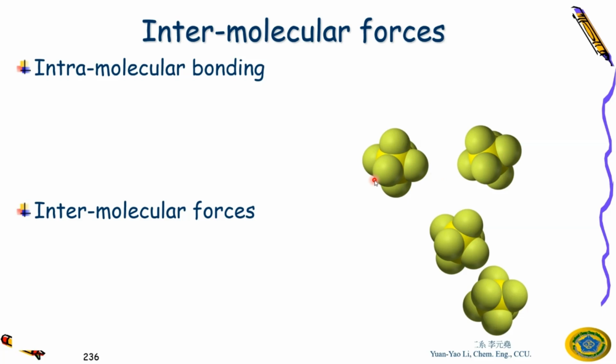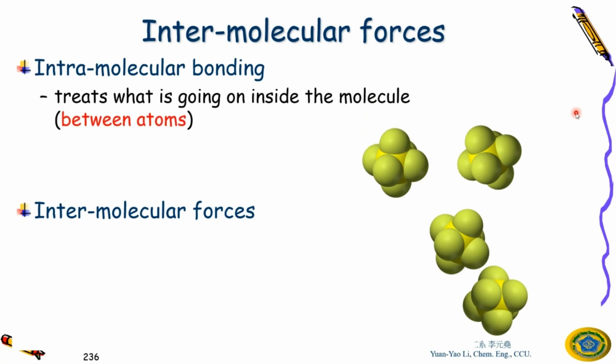This between molecules is intermolecular, and this inside is intramolecular. So it concerns what is going on inside the molecules between atoms. When we talk about ionic bond, metallic bond, or covalent bond, we are all talking about intramolecular bonding.